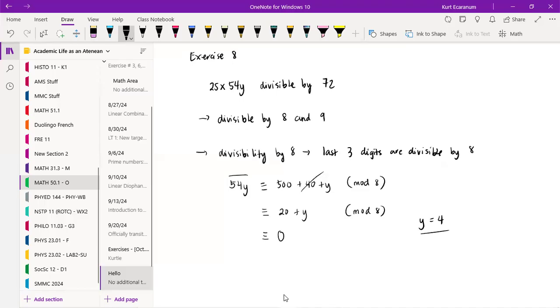Ang kulang na lang is yung divisibility by 9. Divisibility by 9 helps us find x. And again, ano ba ang divisibility by 9? So the sum of digits is divisible by 9.